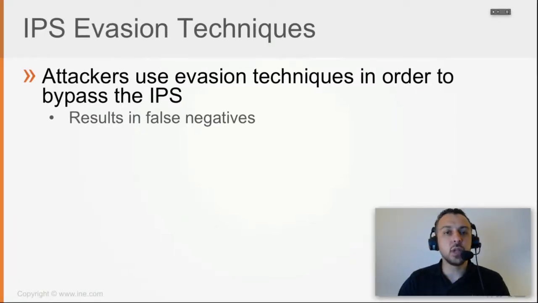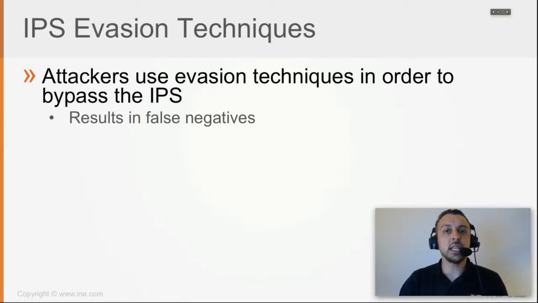So they have a lot of options in which they can send malicious traffic in a network, and even if it's inspected by the IPS, the IPS may state that traffic is not malicious and allow it, which means it's a false negative.